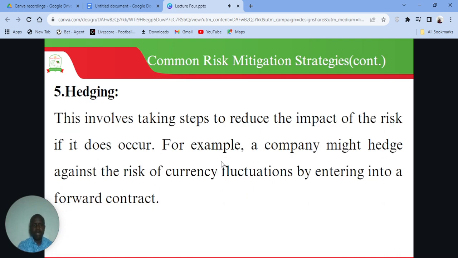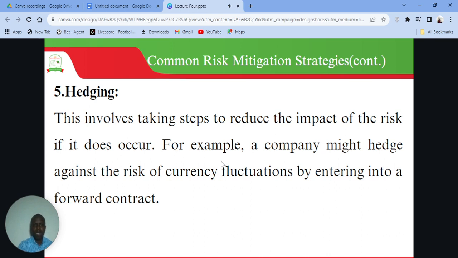And then we also have what we call hedging. In this particular method, we take steps to reduce the impact of the risk if it does occur. And we have an example here of a company that might hedge against the risk of currency fluctuations by entering into a forward contract.